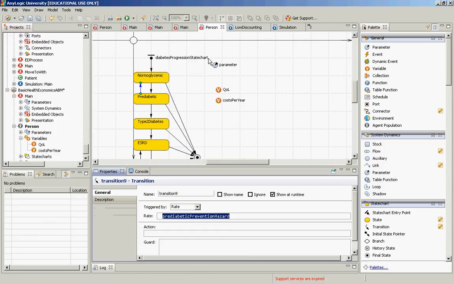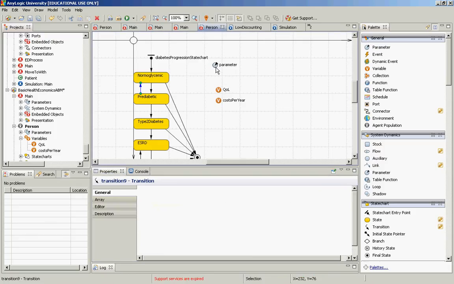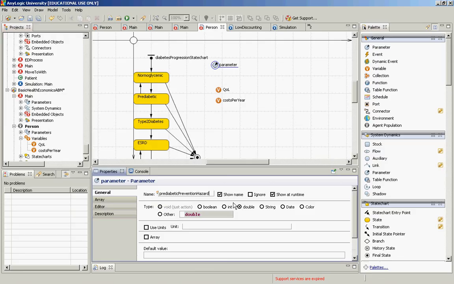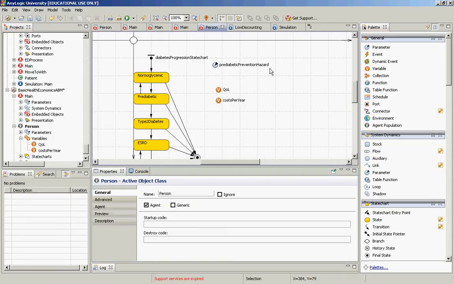We're going to create it at the individual level, so it could vary in a heterogeneous fashion. But the idea will be that we'll be able to examine the possibility of raising it or lowering it.